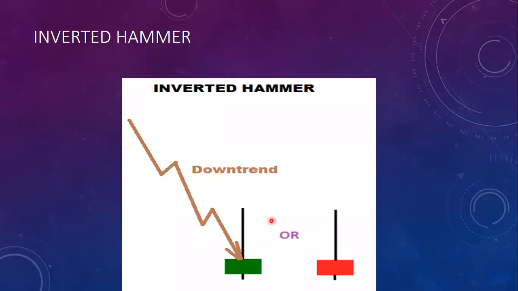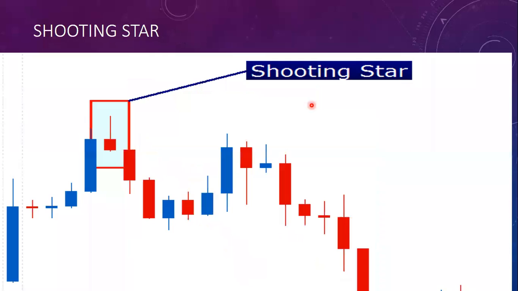But here, it's changing price from down to up. The inverted hammer changes price from down to up, so it comes on the bottom. It looks like a hammer, but inverted, so we call it inverted hammer. And the other kind is a shooting star.